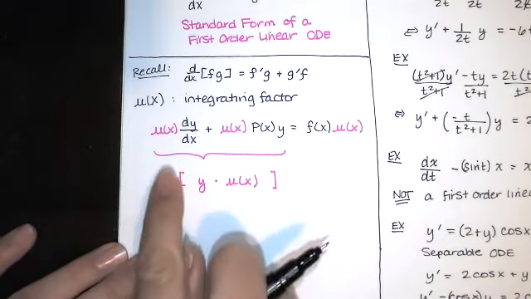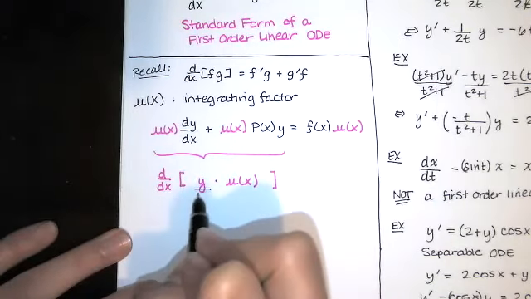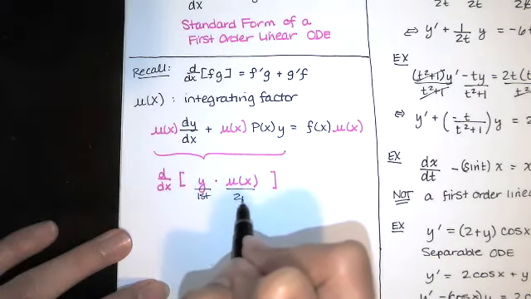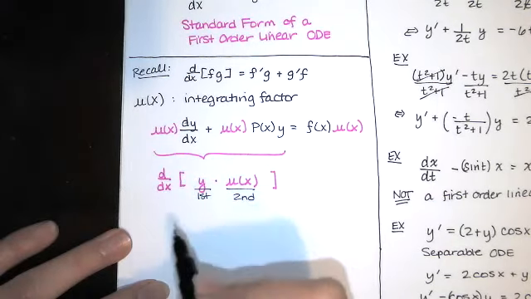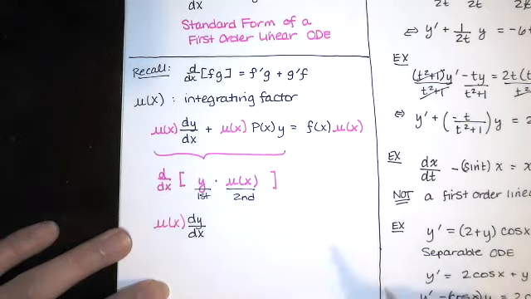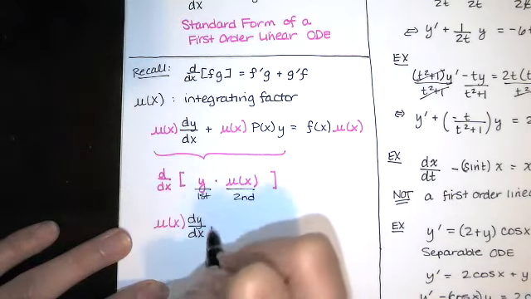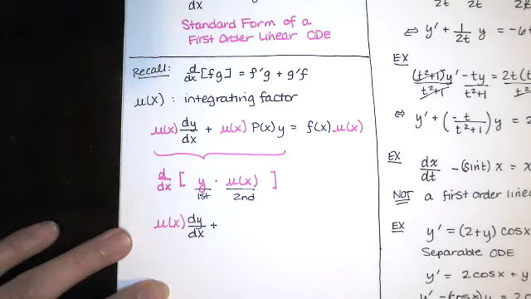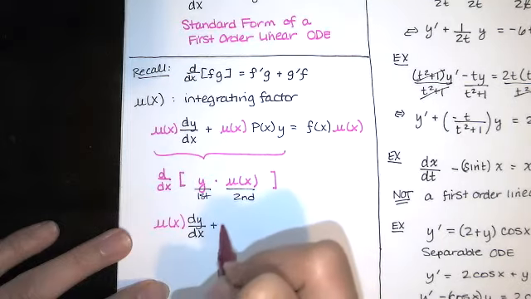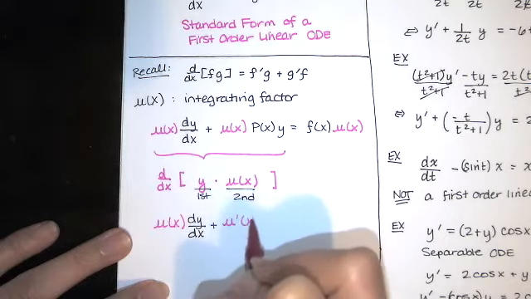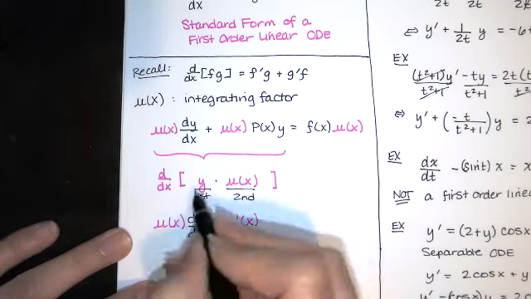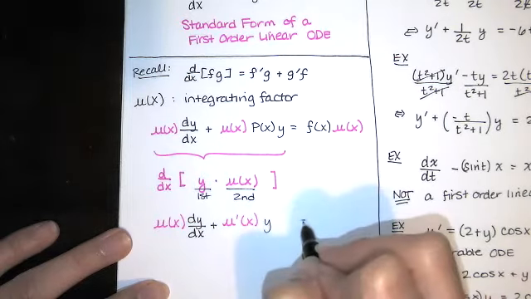In order to figure out what mu would have to be, I can just expand this. According to the product rule, if this is my first function and this is my second function, I should get the derivative of the first times the second plus the derivative of the second function times the first, and the first in this case is y.